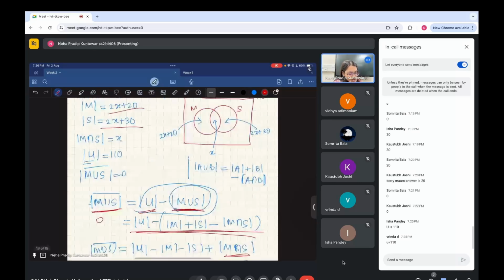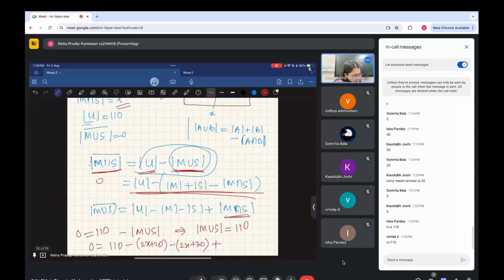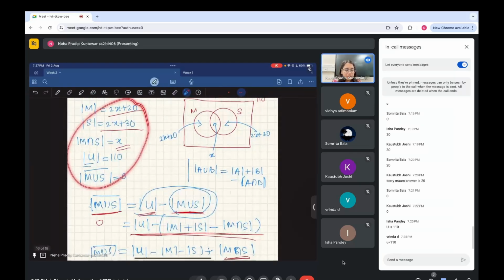So now you have an equation in terms of x, and you simply want to solve for x. So is this okay? Let me know if there are any questions, or if this is fine, then indicate the same. So what we did here is we simply looked at this equation, plugged in the values, and we ended up getting the equation at the bottom.